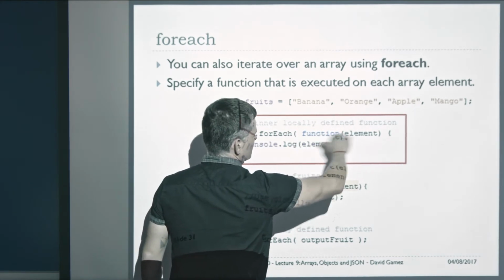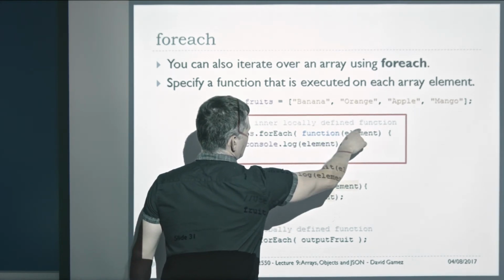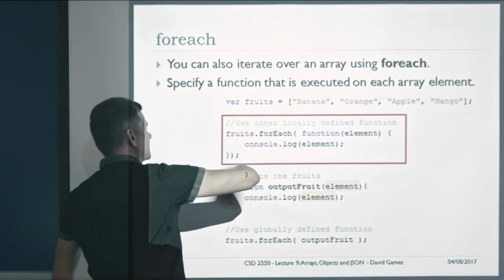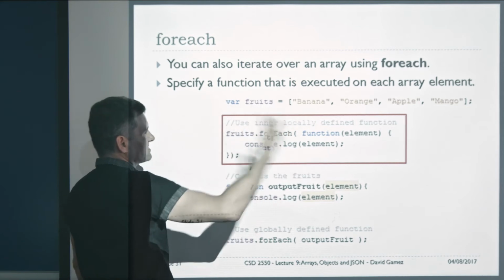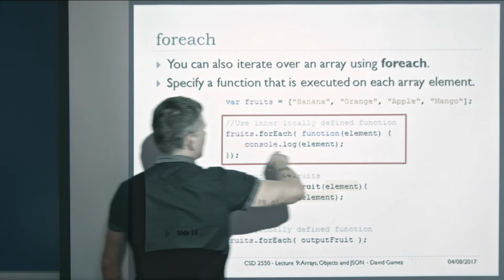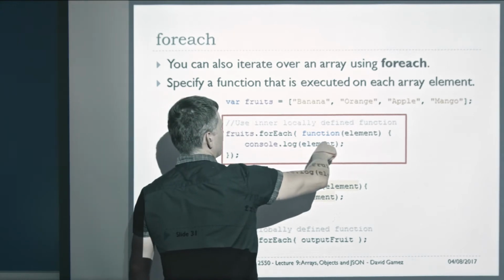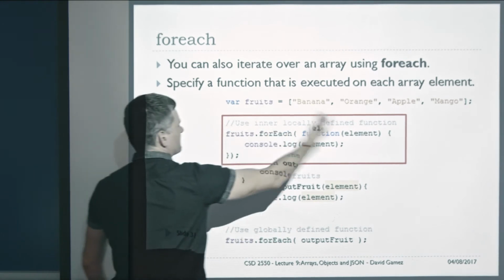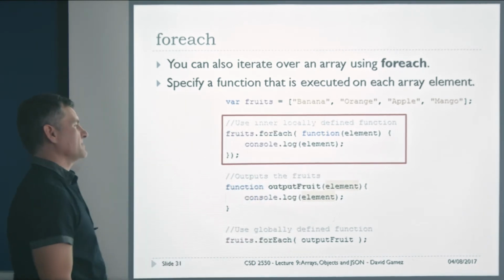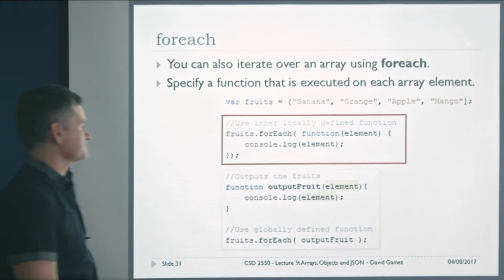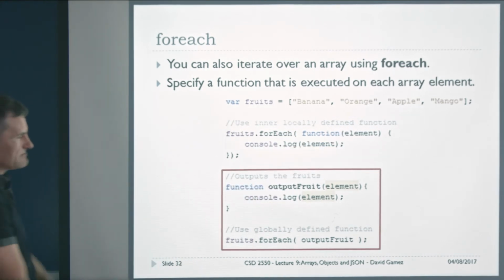We're just saying we want this function with this element. Element here is the element of the array. So this is executed for each element of the array. The element's value is copied into this variable here, and then we can do things like console.log(element). So here we're just defining this anonymous function, which will be executed on each element of the array, and the value of that element is going to be copied into there.